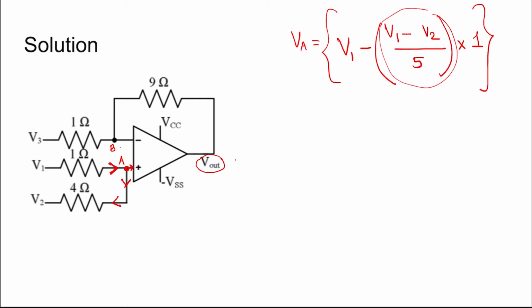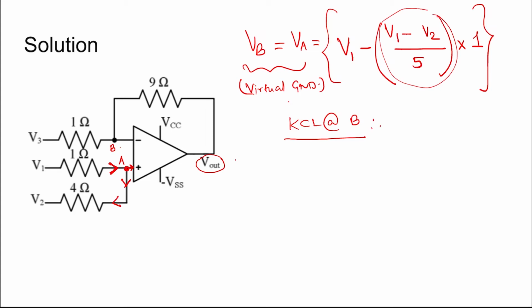This is VA. Now similarly, by the virtual short phenomenon, VB equal to VA. This is because of virtual short or virtual ground. So VB is determined.